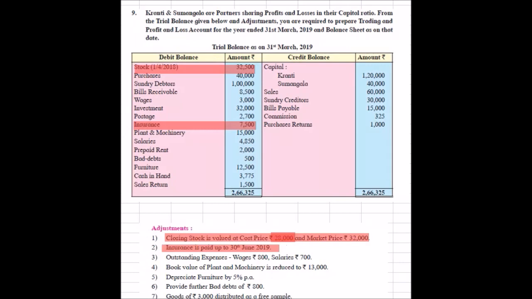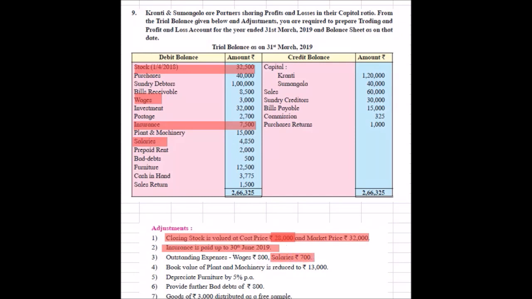The next is outstanding expenses: wages 800 rupees and salaries 700 rupees. Whenever outstanding expenses are given, that amount is added with the wages, and the salaries one is included in the salaries.